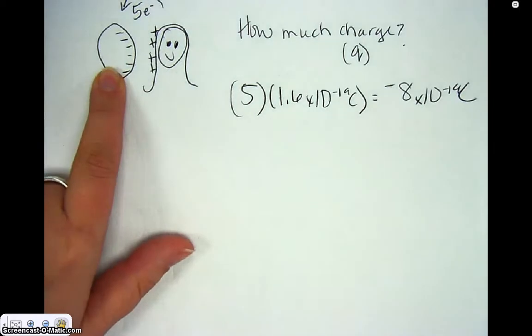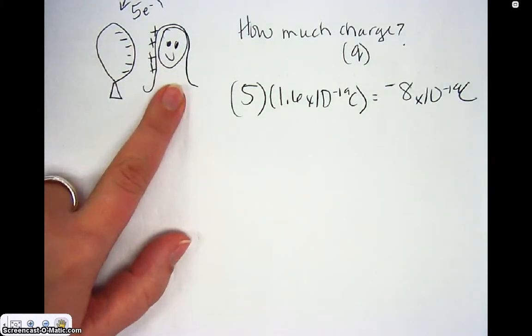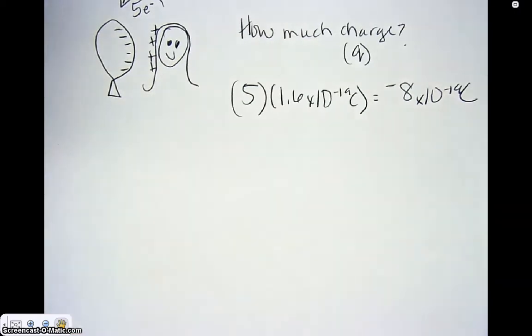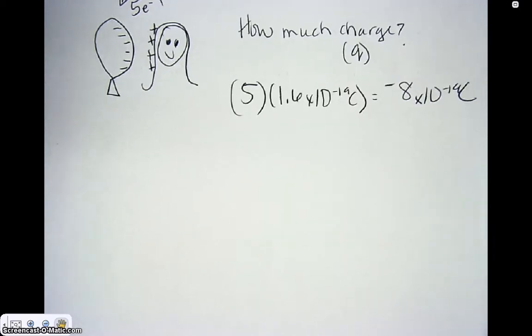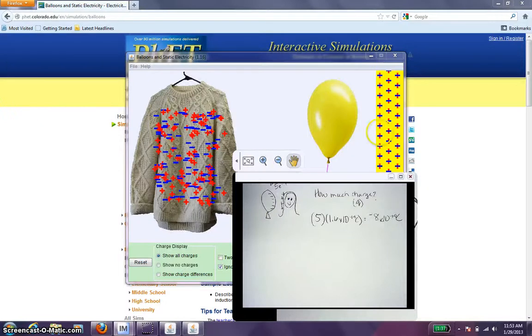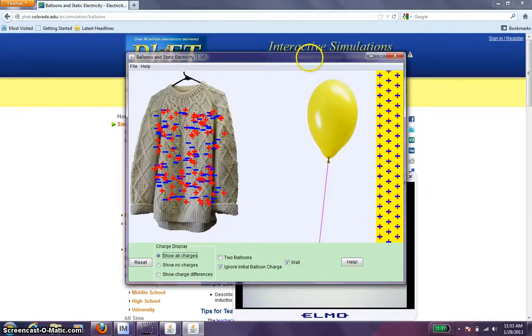Now, we could also say how much charge is in my hair, and the answer would be a positive 8 times 10 to the negative 19th. So hopefully from this you have a little bit of an idea of movement of charge from one place to another.